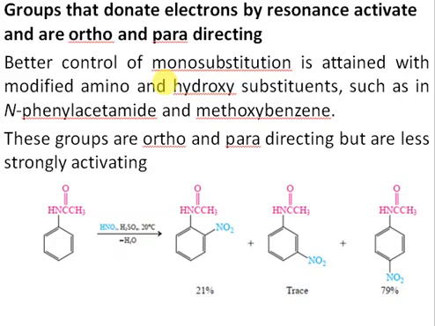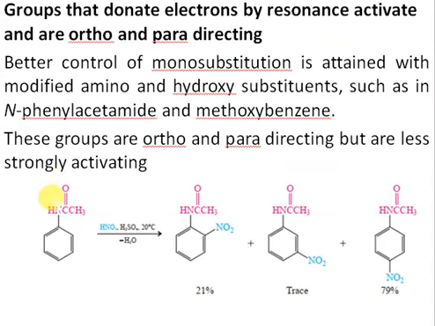How? For example, in this case we have converted the aniline, the amino group, into this amide group. Because of this amide group, the nitrogen has become deactivated. The activity of the nitrogen has decreased because the lone pair is involved in resonance with this carbonyl system.